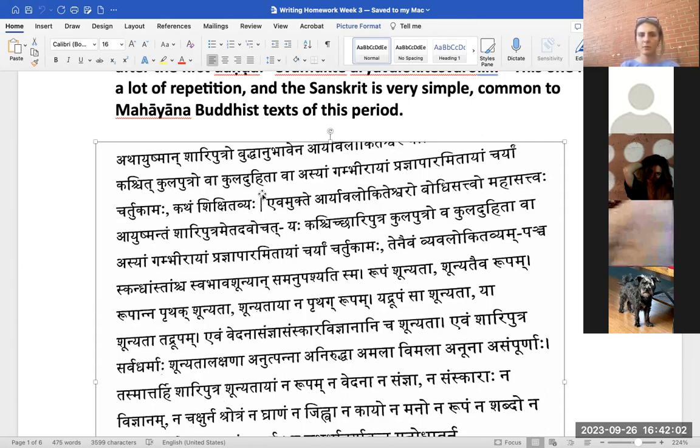Yaha kashchit, and this is kashchid shariputra. So that's a sandhi. We're seeing some of these sandhis already.